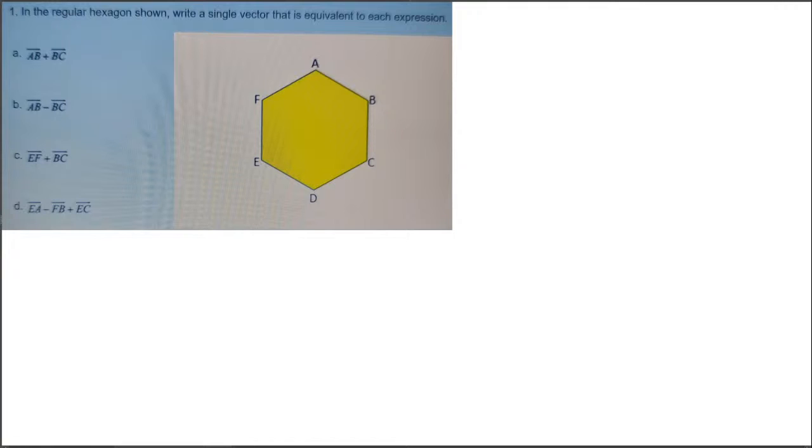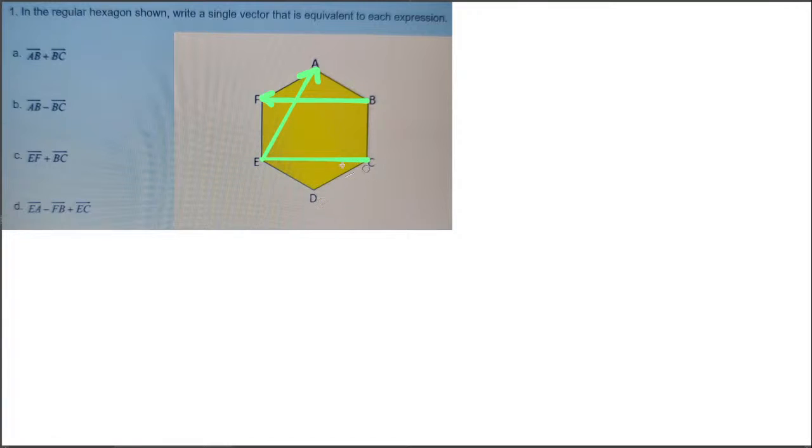And then, so EA, we add a layer here. So from E to A is this vector, and then we'll just put the tip of this arrow here, and then I'll make another layer, and then FB, so from F to B, and oh, actually we want minus FB, so I'll just do the negative of that, which is BF, essentially, and then EC.